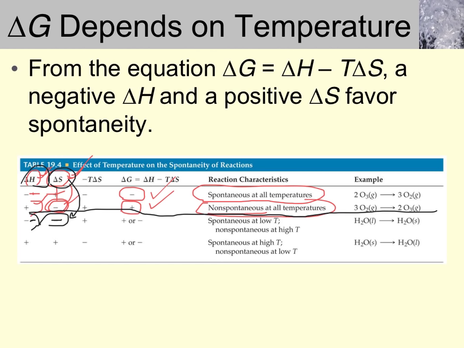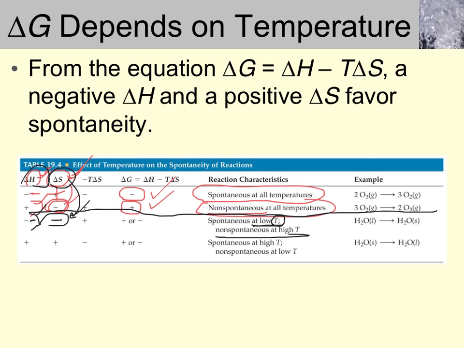It's like a tug of war. One saying, come on, let's be spontaneous, and the other one saying, no, I don't want to be spontaneous. Who wins? It all depends on temperature. In this case, and I'll go over this in a little more detail later, this type of reaction is spontaneous at low temperatures and non-spontaneous at high temperatures.